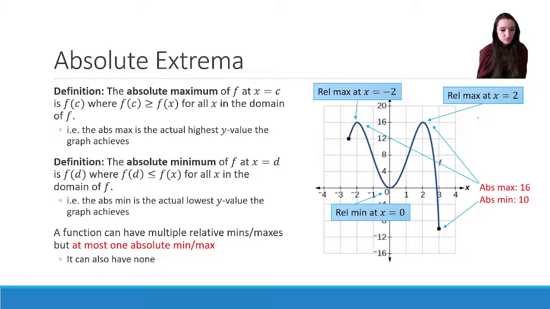So our absolute max is 16 and our absolute min is 10. So even though it occurred twice, we can say the absolute max is 16 at x equals -2 and x equals 2, that's fine, but the max is 16. And the min is 10, but there is still this relative minimum in the middle.